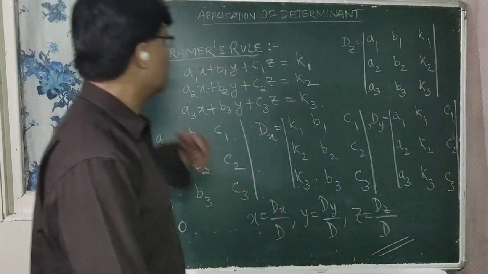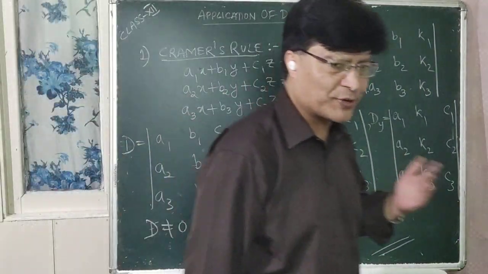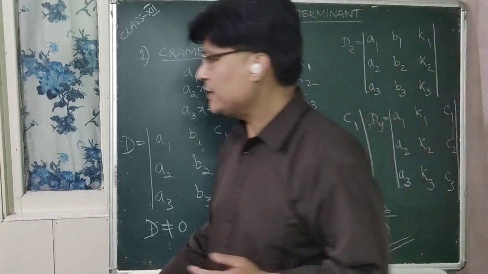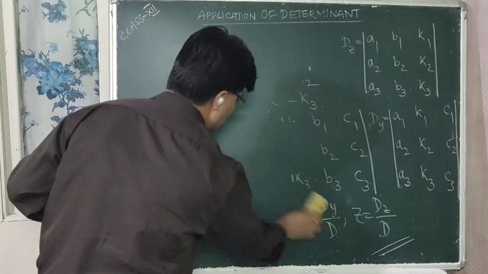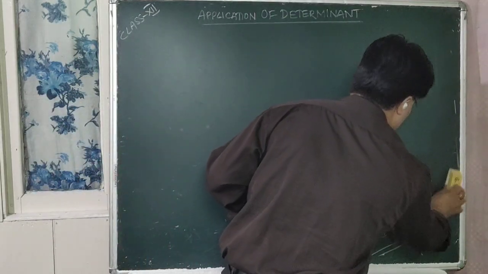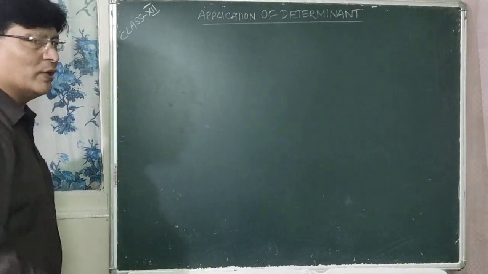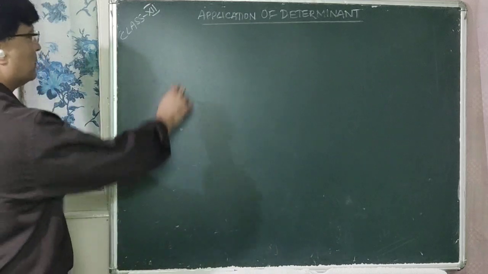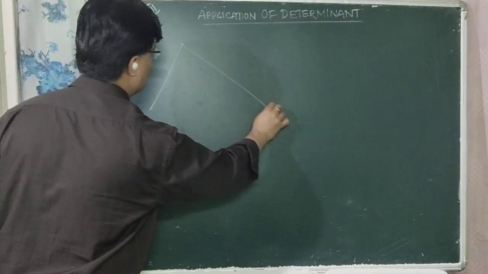Next, number 2 was how to get the area of a triangle using a determinant, right? So these are all about your Cramer's rule. Now, with the help of a determinant, you can get the area of the triangle with 3 given vertices. This is the number 2 application.